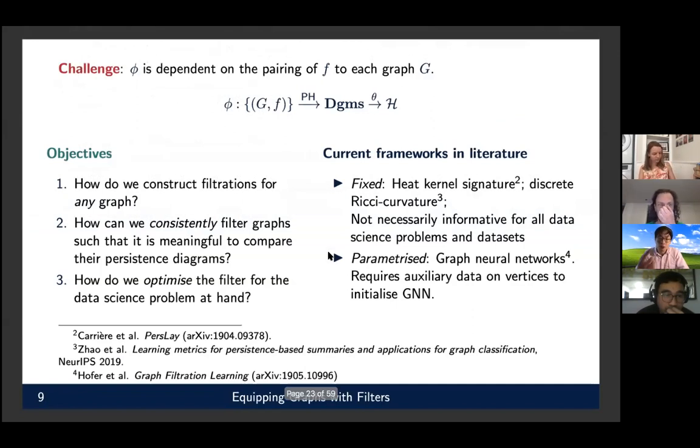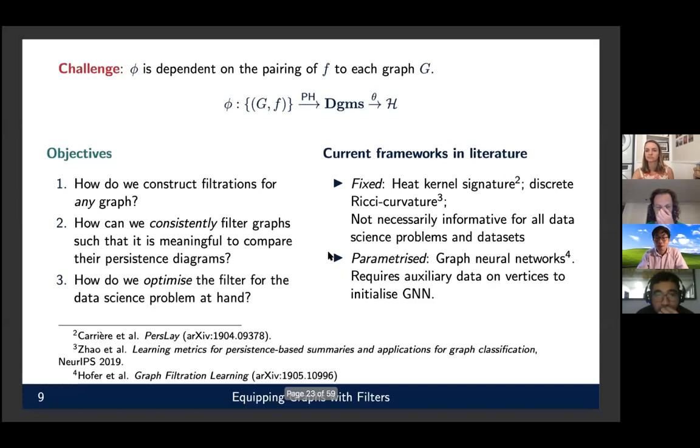You keep on doing this message passing, and you truncate at some epoch, and you take the vectors at each node as your features, and then you filter along those features. But since this is a dynamical system, and these dynamical systems depend on how you initialize them, you have to give them some auxiliary data to initialize your graph neural network. And so we fall back to the same problem of how to generate numbers on vertices in the first place.